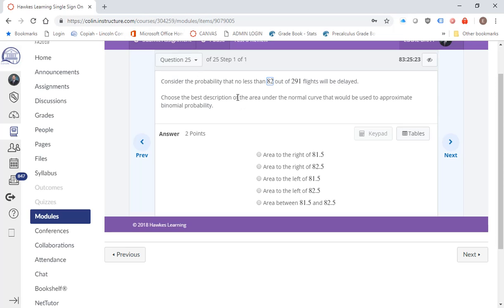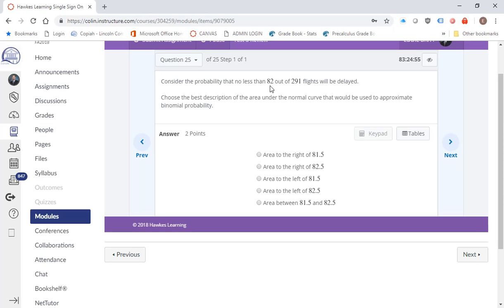Well, whenever we are using this as an approximation, you have to subtract 0.5 from the smallest number that you're going to use. No less than 82, we'd have to subtract 0.5 from that. So what do you get when you subtract 0.5 from 82? 82 minus 0.5, you get 81.5.